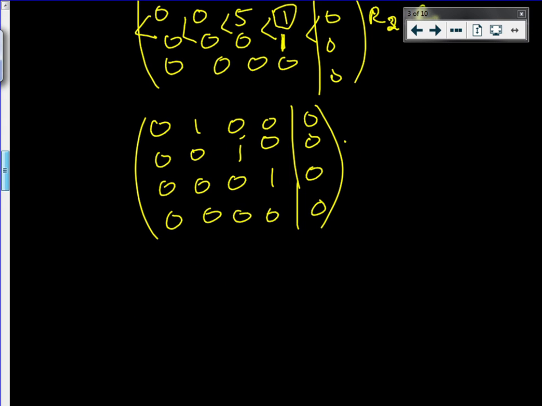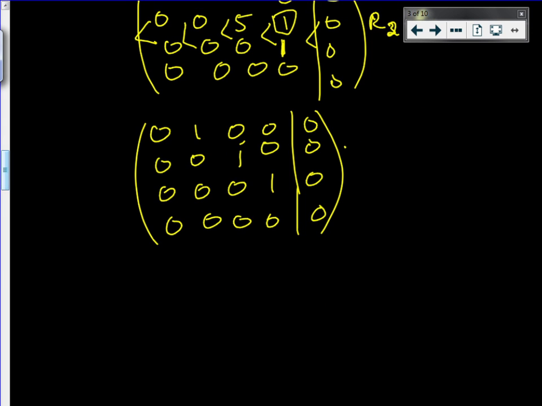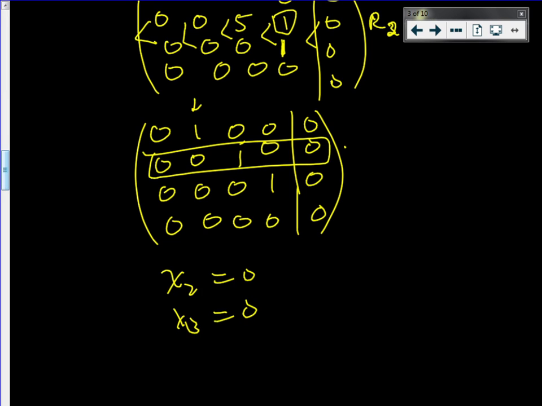This first row says that x2 equals 0. The second row says that x3 equals 0. The third row says that x4 equals 0.